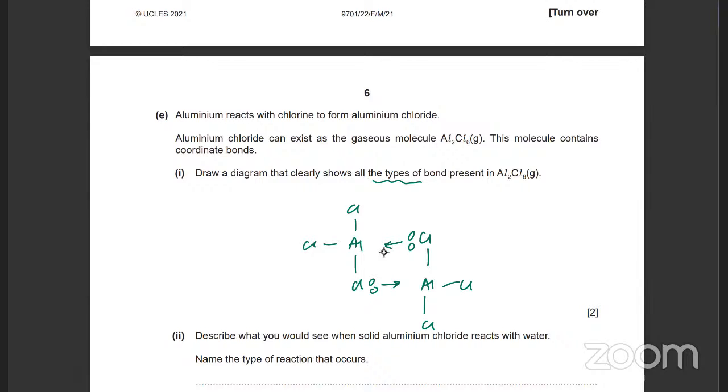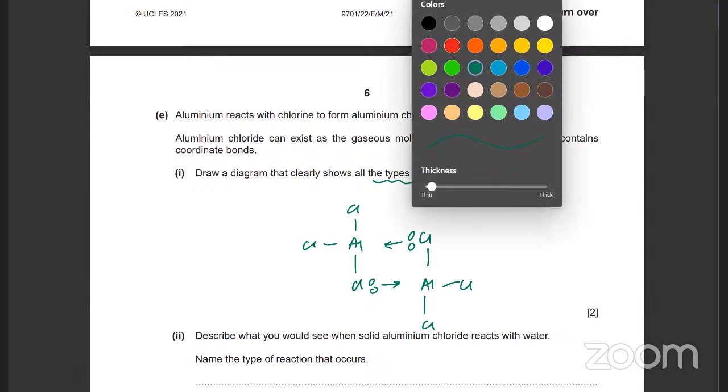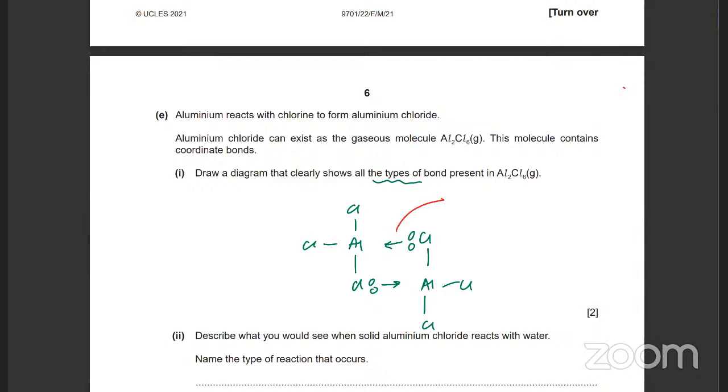And you can label all the bonds. You can talk about this being a dative coordinate bond, or just a coordinate bond. And the other ones being normal covalent bonds. You can label them as well.